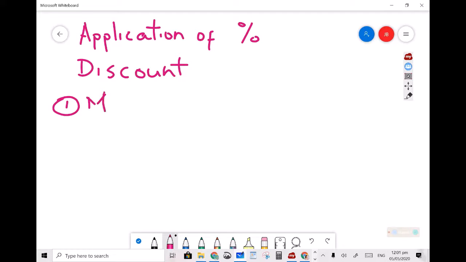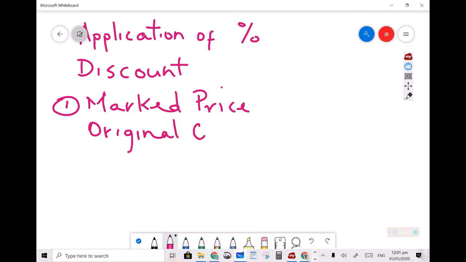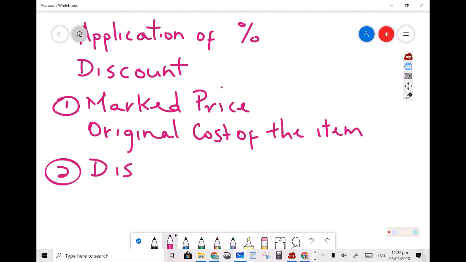One, you are supposed to have a marked price. A marked price is really the original cost of the item. And the second thing you are supposed to have is a discount percent.